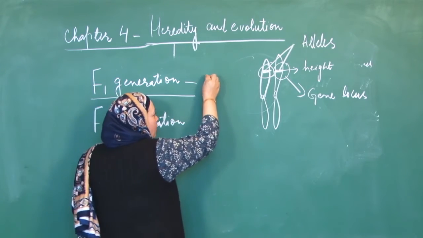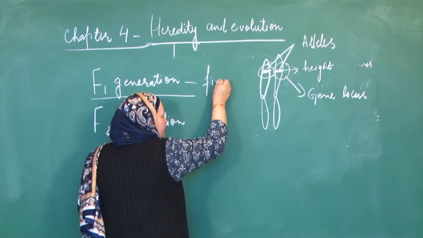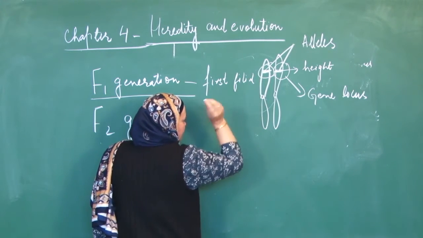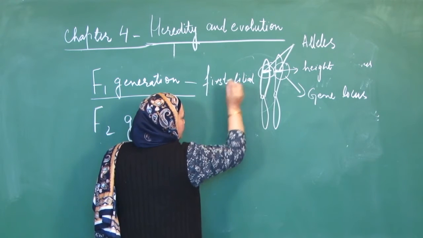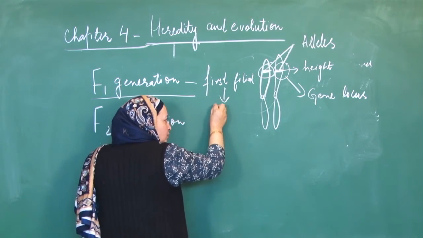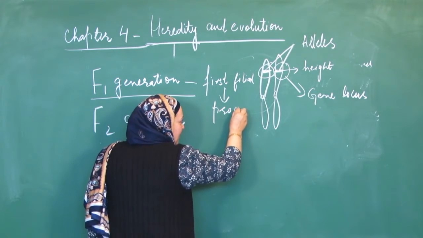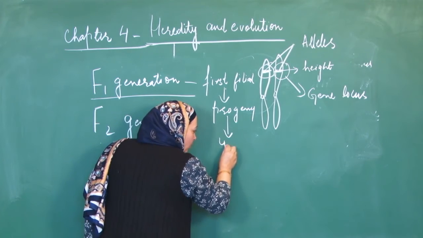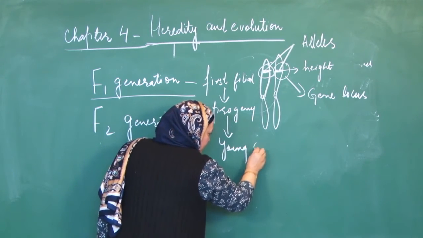F1 stands for first filial generation, or first filial progeny. Filial means progeny or the young one which is produced.